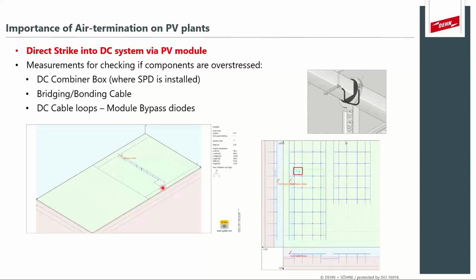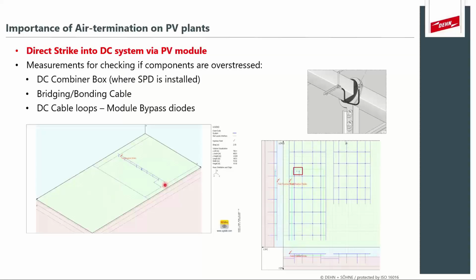So in a PV plant, typically all these strings, if it's a central inverter type PV plant, they have a lot of DC strings that are connected to a combiner box. And all these strings would go to this combiner box and only one string would feed back to the inverter system. So what we want to check is if lightning strikes into the DC system and makes its way to this combiner box, what would the current be on that earth bar or within that combiner box?